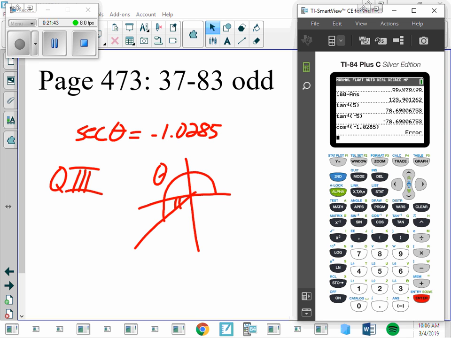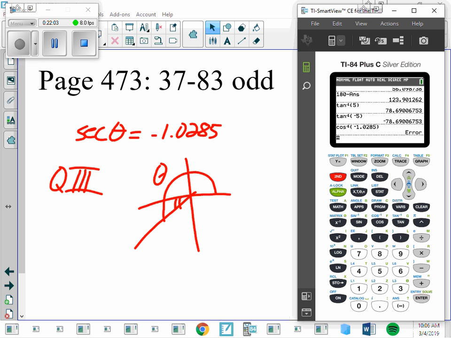What did I do wrong? Can I take the inverse cosine of 1.0285? It's bigger than 1. What I want to do is take the inverse secant.